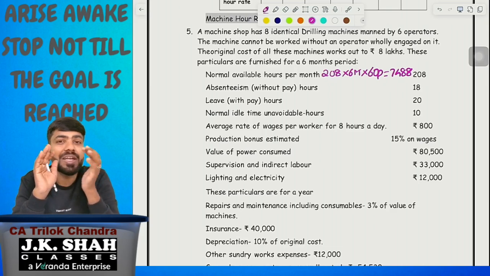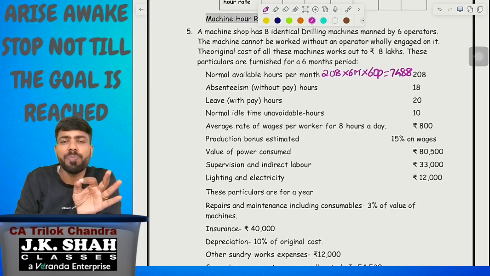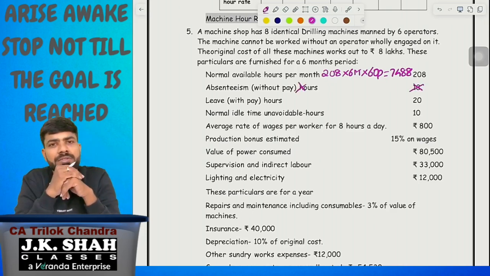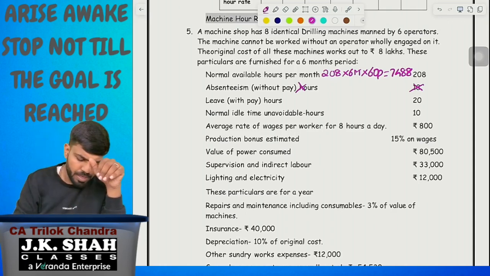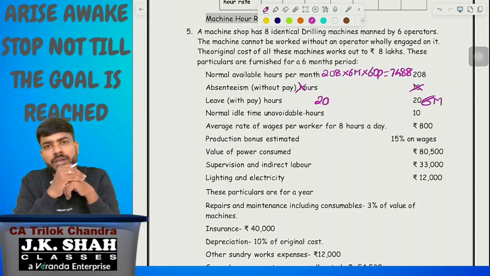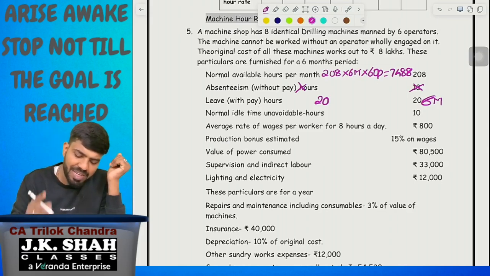In that, I am calculating the operator wages hours paid. Now tell me, absenteeism without pay. Without pay means, are they going to get the payment? No. So no need to consider this. When they say without pay, we are not going to consider that. Next, leave with pay. They are going to make the payment. So for 20 hours, for how long period? This is for 6 months time, for each operator.